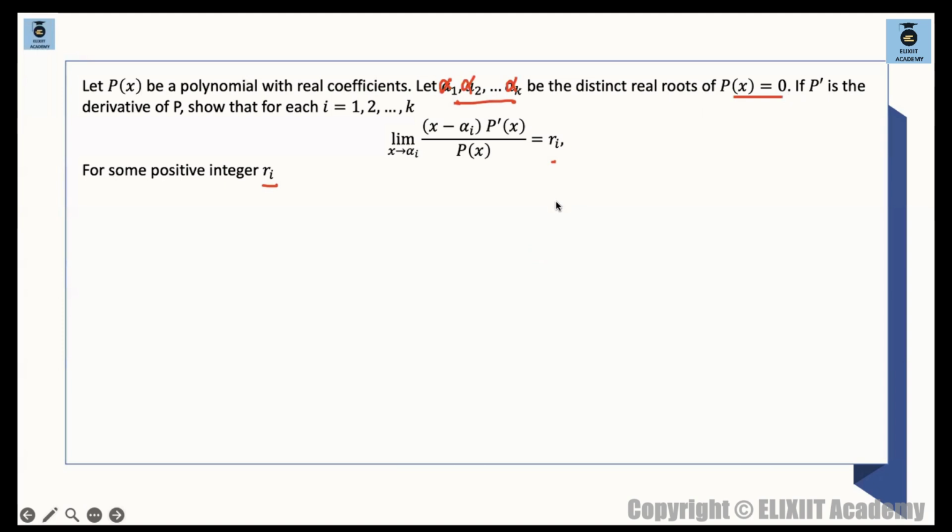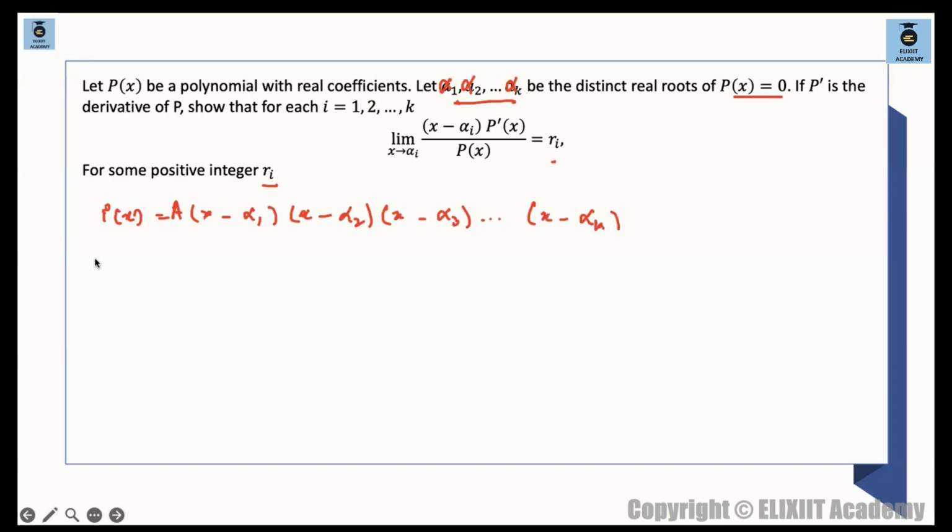So P(x) is some polynomial whose roots are given by x minus alpha 1, x minus alpha 2, and maybe there is some leading coefficient. So I am taking a times (x minus alpha 1)(x minus alpha 2)(x minus alpha 3) and so on till (x minus alpha k).